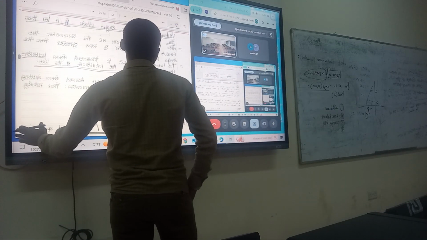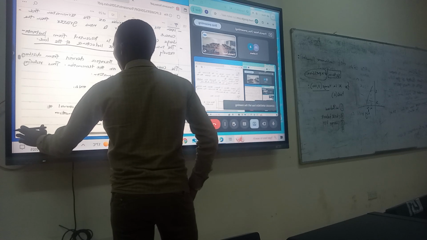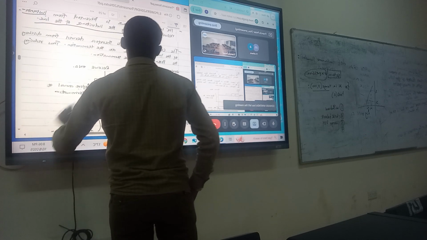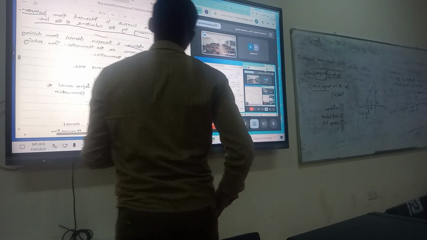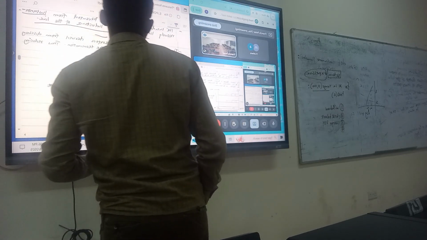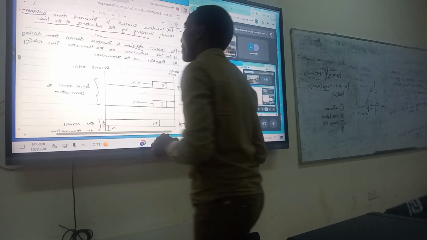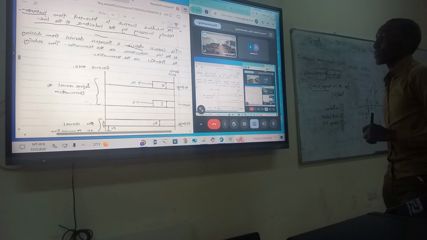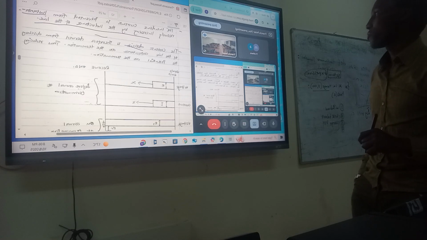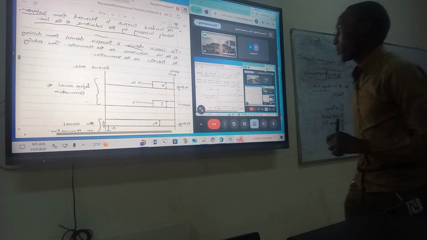That means the current deficit, that is the current difference that we are using for our negative. So the current deficit is derived from the discharge of the line capacitance at the termination, and thus reducing the potential at the termination.